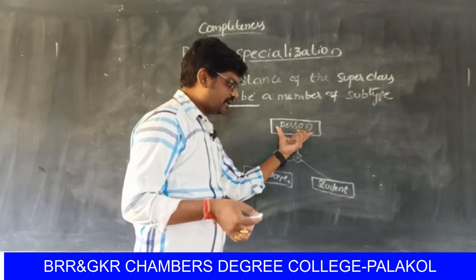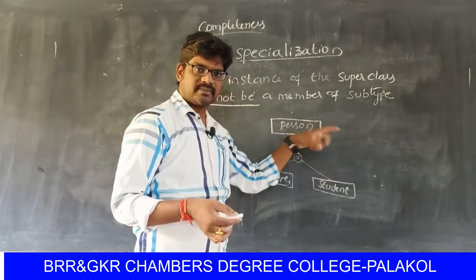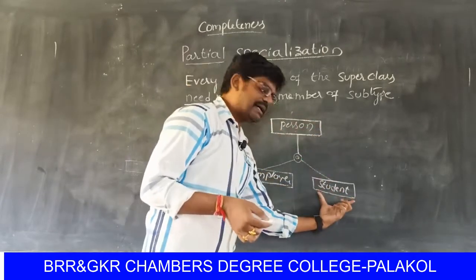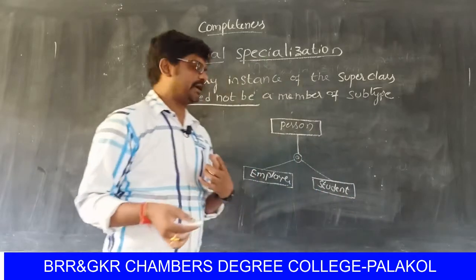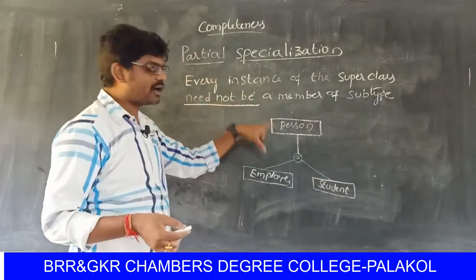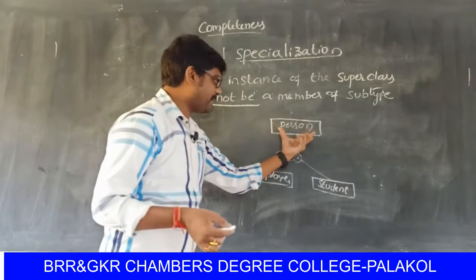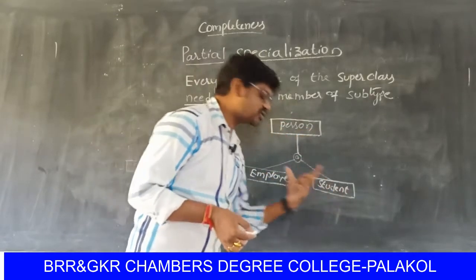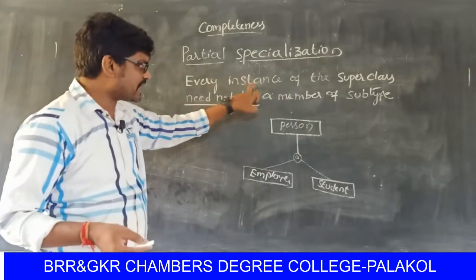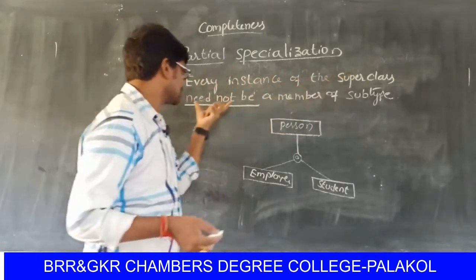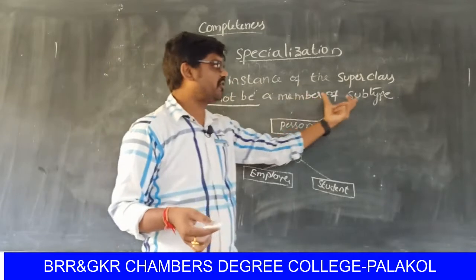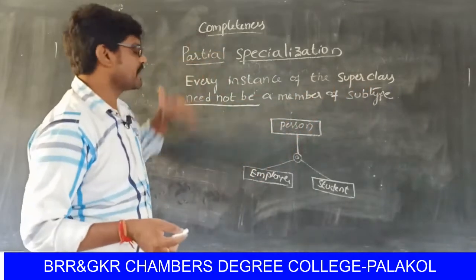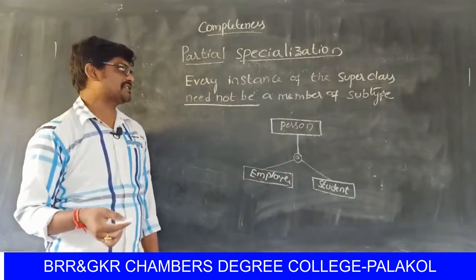If the student is not studying, that person cannot belong to student. Need not be a member. That means a person may not belong to employee, and may not belong to student. So every instance of the superclass need not be a member of a subclass. That is called the partial specialization.